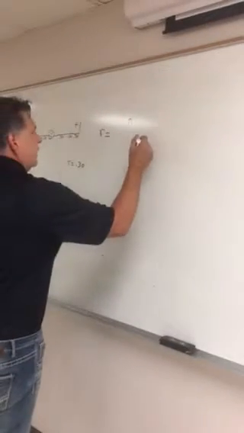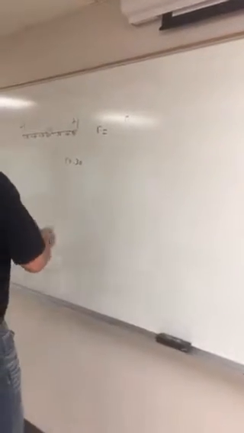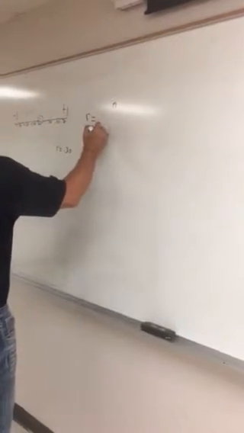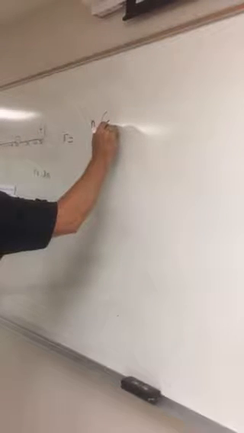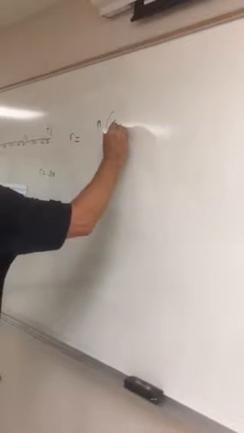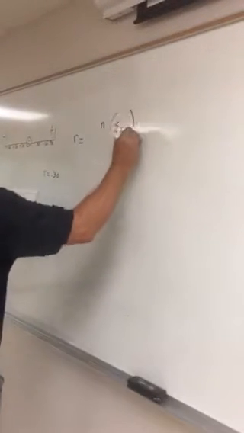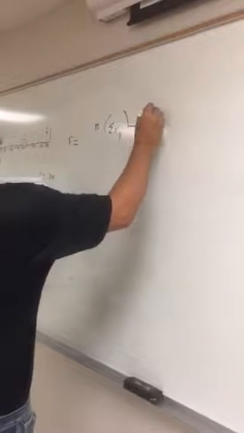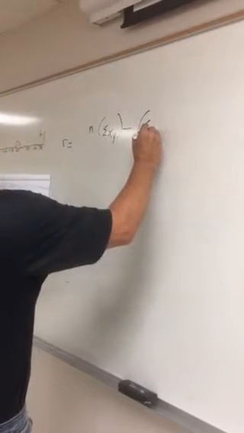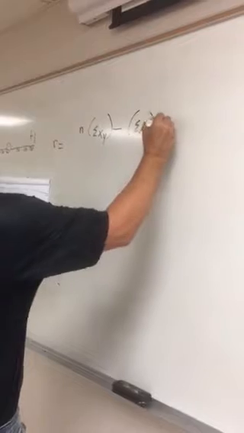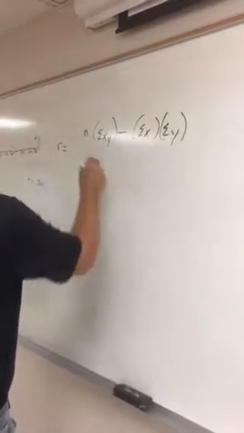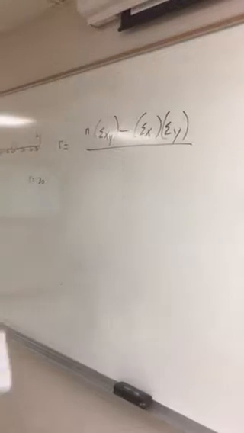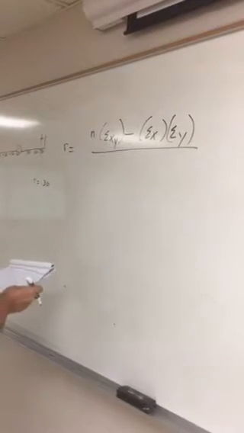So I'm going to be looking at r is going to equal n times the sum of x and y minus the sum of x times the sum of y. That's going to be my numerator. That shouldn't be too hard to get.